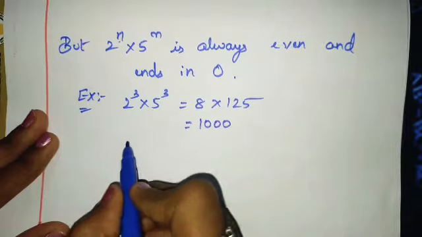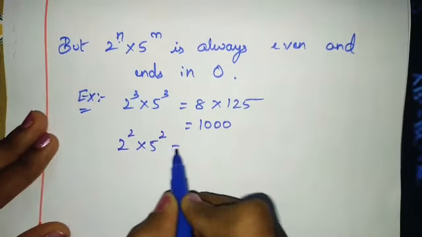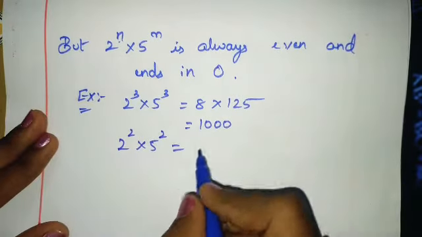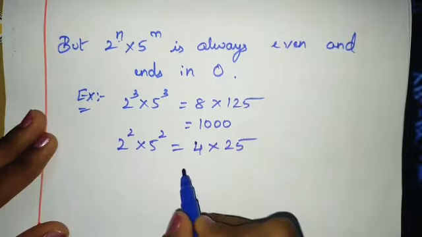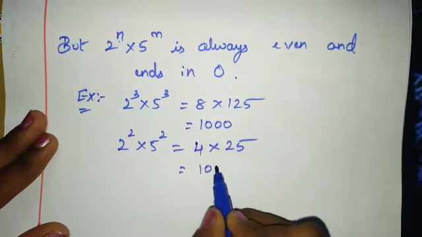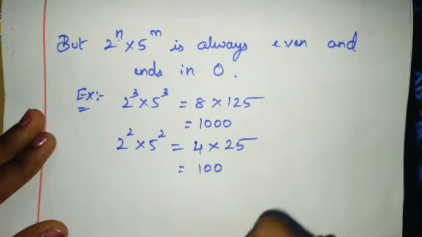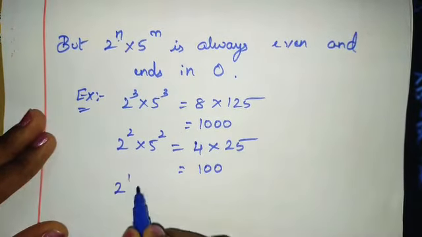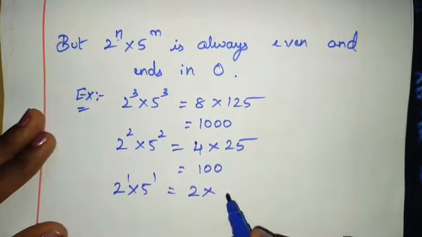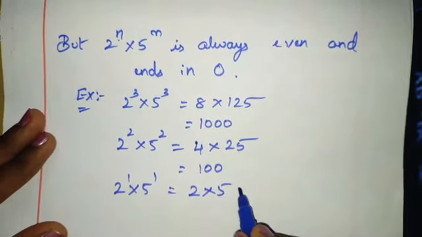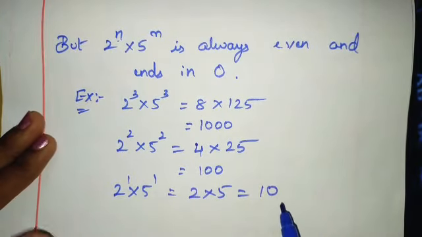Okay, so now you take one more example. Let's say 2 square into 5 square. What is 2 square? It's 4. What is 5 square? It's 25. What is 25 into 4? It's 100. Again this is an even number which ends with 0. Next, take one more example, 2 power 1 into 5 power 1. 2 power 1 is 2 only, 5 power 1 is 5 only. So 5 twos are 10. 10 is an even number which ends with 0. Got it?